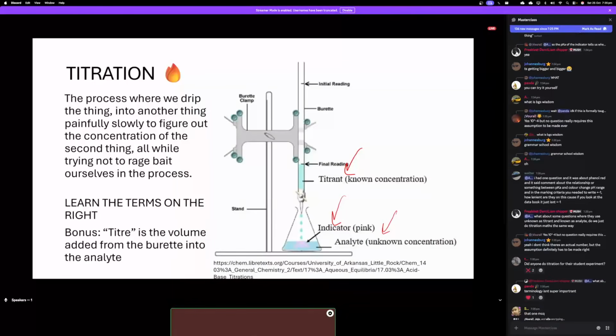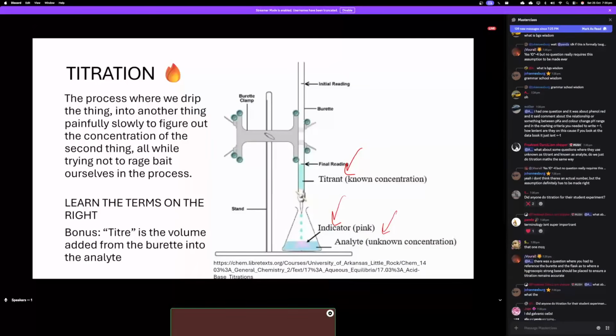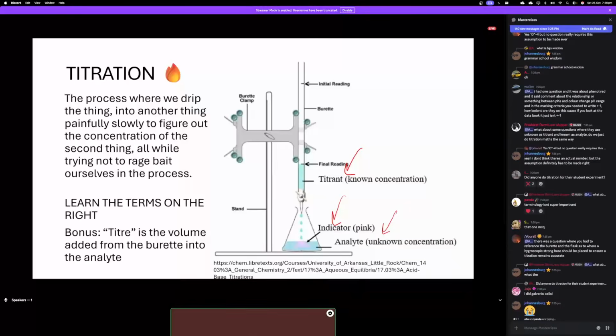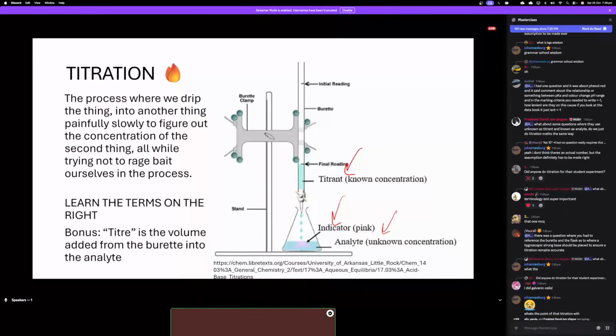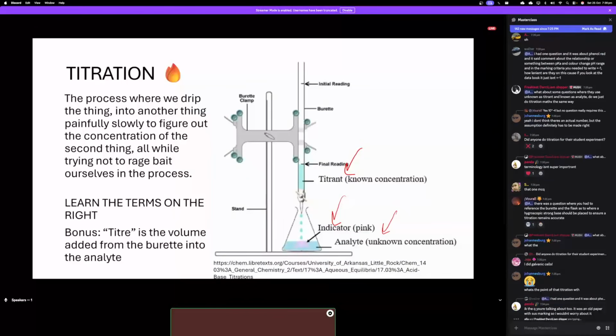Do we just do titration math the same way? You do, but that's a hella stupid titration because that defeats the entire point. But yeah. There's the question where you have to reference the burette and the flask to where a hygroscope. What? I don't know what that means.